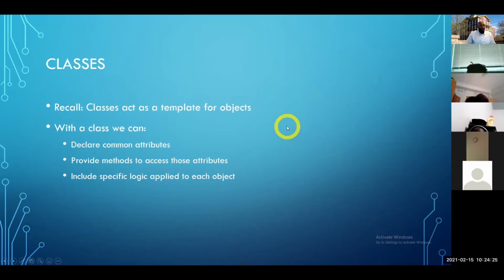So for example, when we convert height in inches to that string, that's specific logic that applies to every athlete, right? So we can add all of that in our classes. And in our main, when we create an object of that class, we don't have to worry about all that logic. It's already handled in our class.